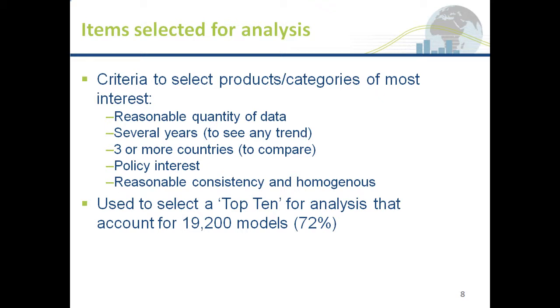So we did take that into account as well when selecting the products and categories to present to you. Basically, we put together a top 10 of products and categories that together accounted for just over 70% of the data. So we made use of most of the data.